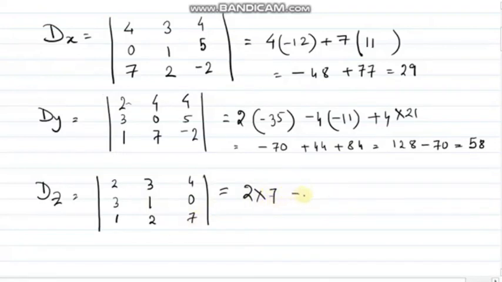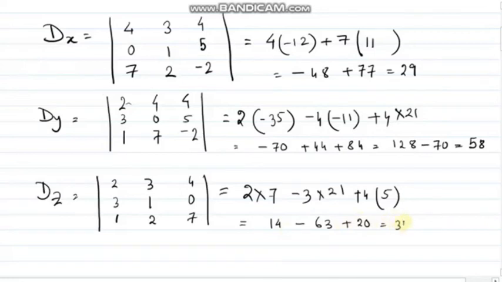Minus 3 into this 21 only, plus 4 into 6 minus 1, that is 5. So it will be 14 minus 63 plus 20. So it will be 34 minus 63, which equals minus 29.